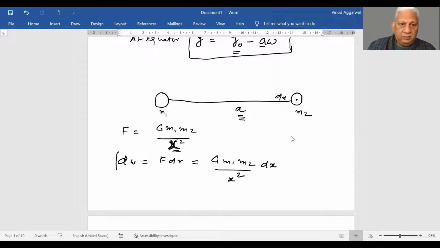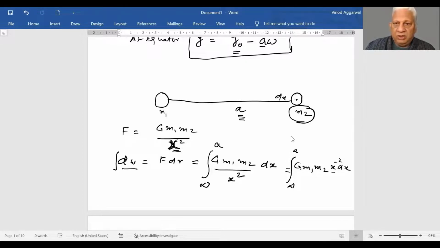Now, if you want to find the complete work done from going from, let us say, infinity to point A, x goes from infinity to distance A. We are assuming that our starting point is not here but at infinity, and the reason I will explain once you get the formula.